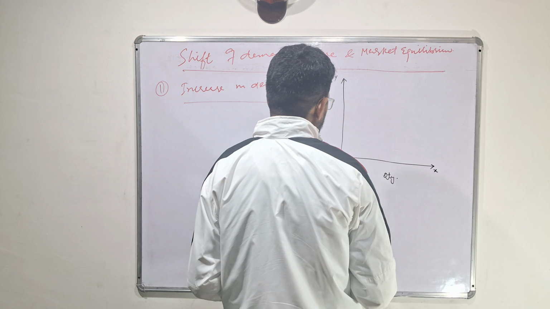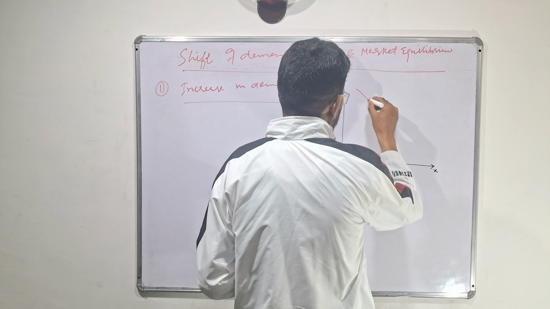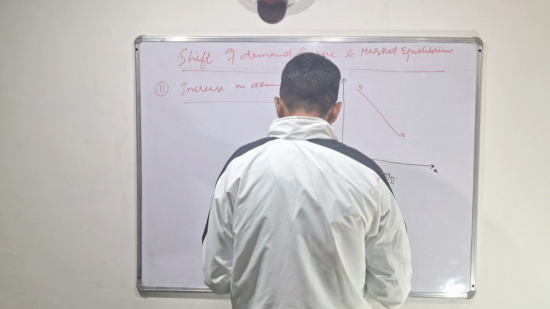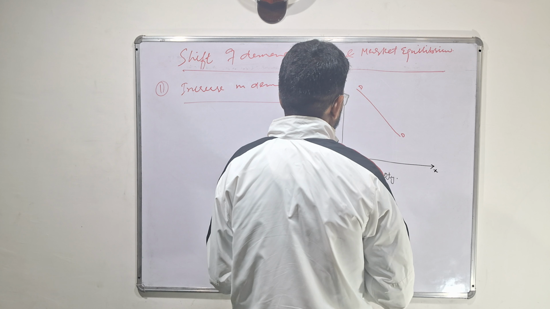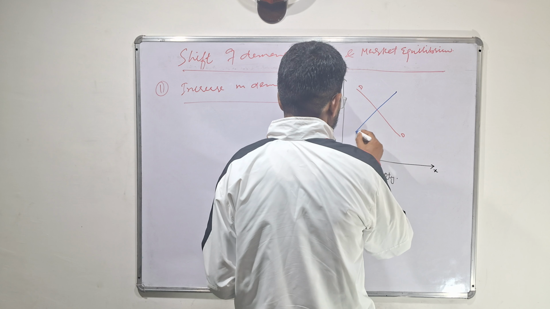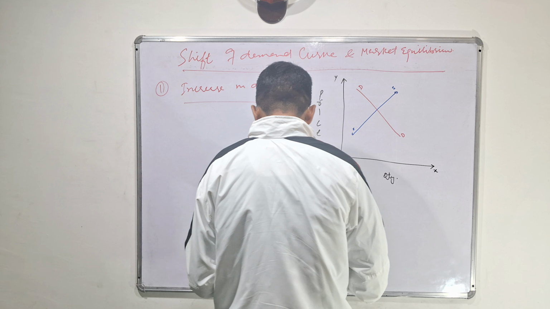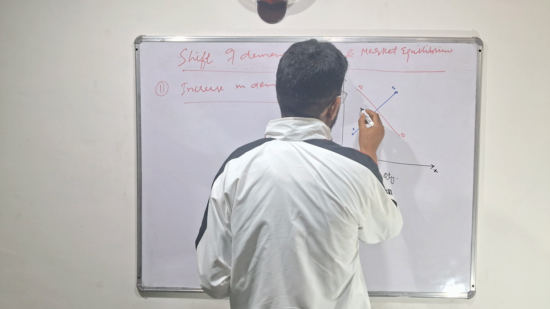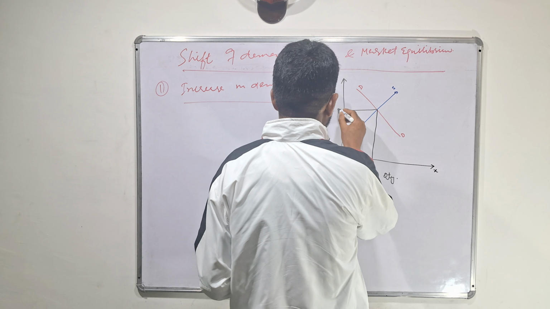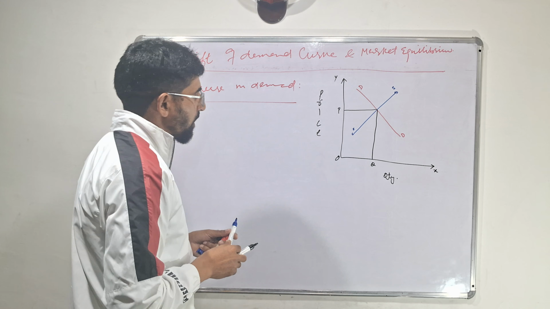This is the demand curve, which has a negative slope, and this is the supply curve, which has a positive slope. This is the price determined by the demand and supply, P, and this is Q.